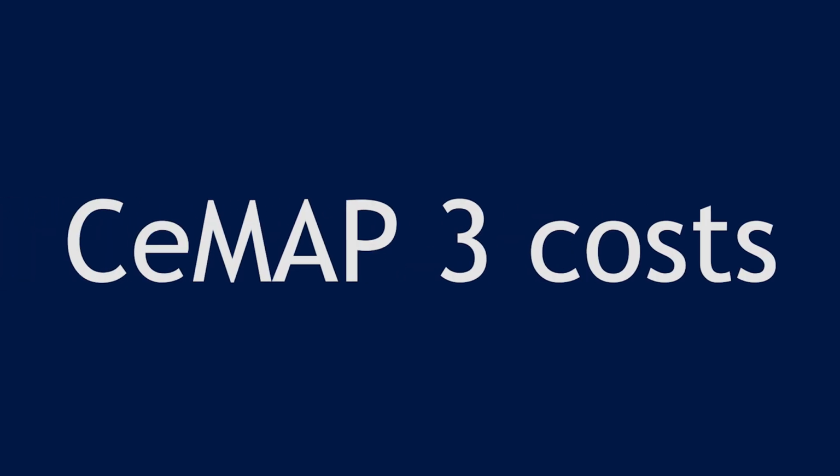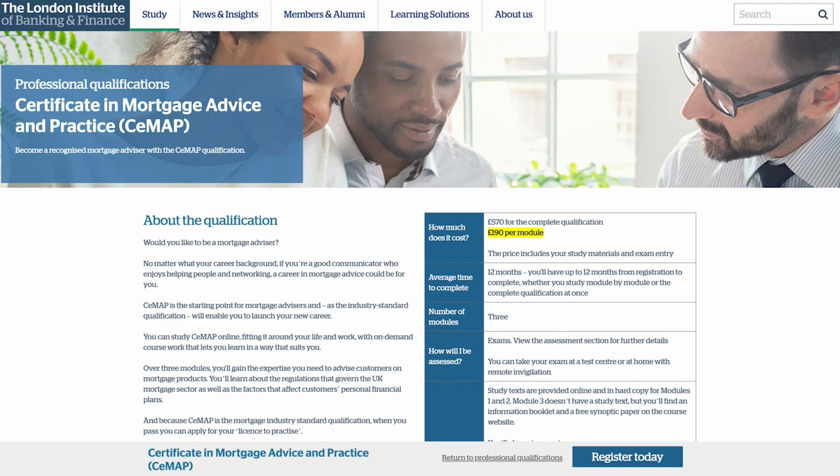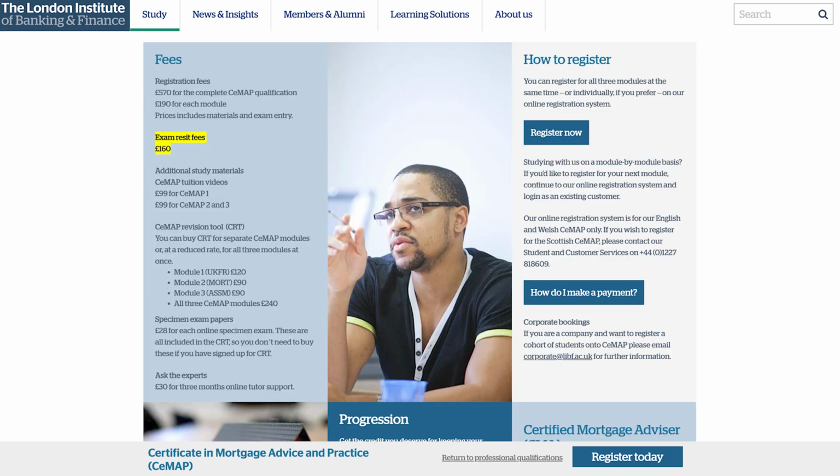Now to cover the cost of CeMAP. Each CeMAP module costs £190, bringing the total qualification cost to £570. Additional fees can also be incurred, such as an exam resit fee of £160.